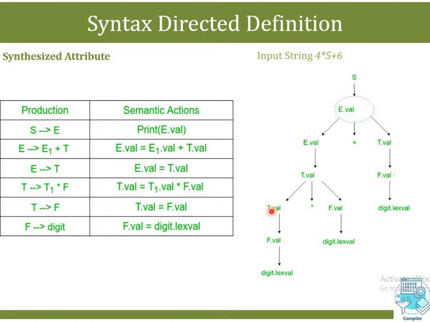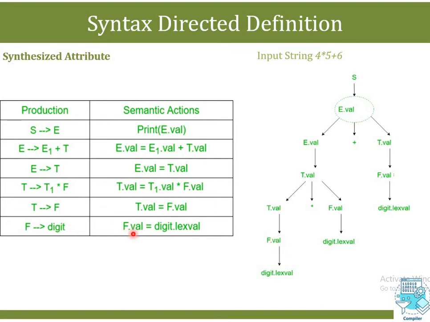T is expanded to F. So T dot val is equal to F dot val. Only if you know the value of F dot val, it can be assigned to T dot val. That is what the rule says: T dot val equal to F dot val. Right? Now you want to know the value of F dot val.